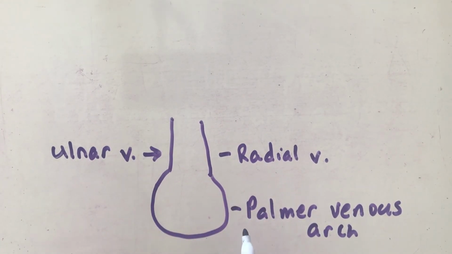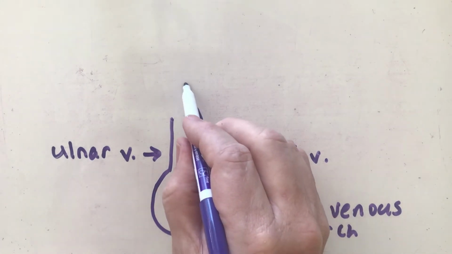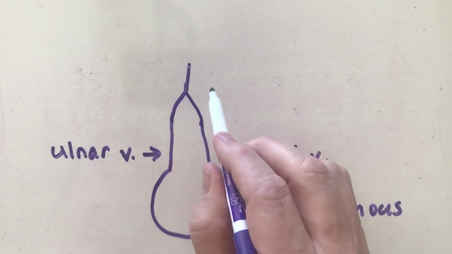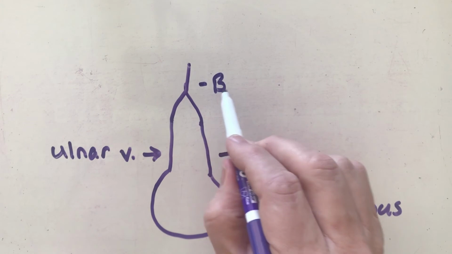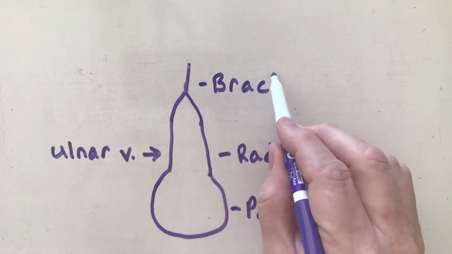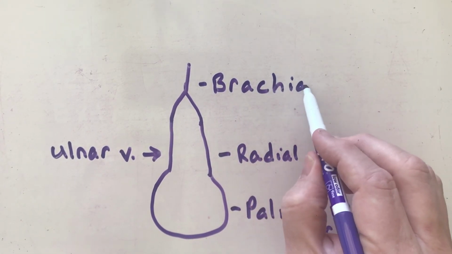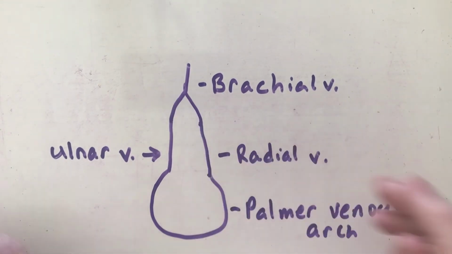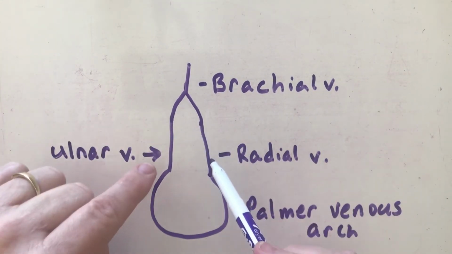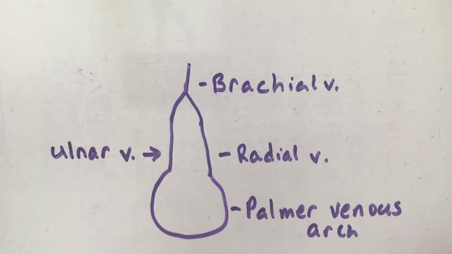And then these two are going to come together to form my brachial vein. So this is going to be up where my bicep is. These are in the forearms. They start at the wrist and go up to just about the elbow.